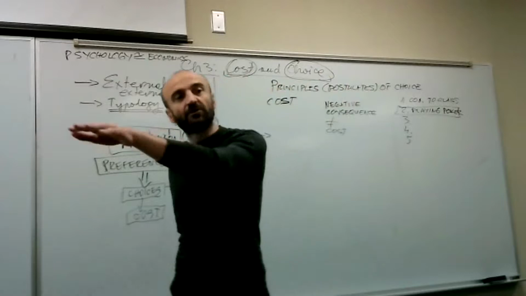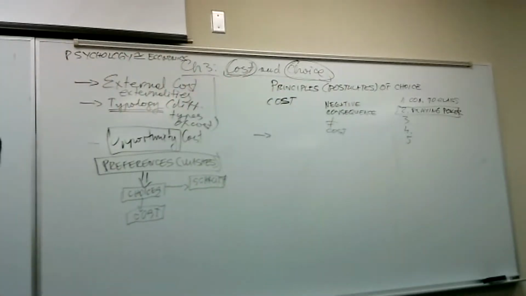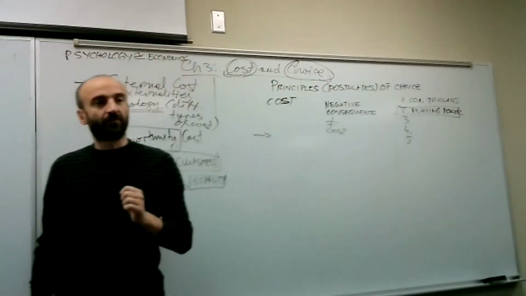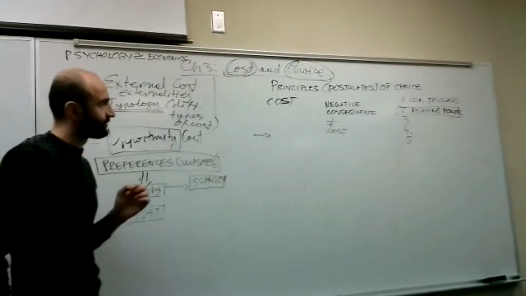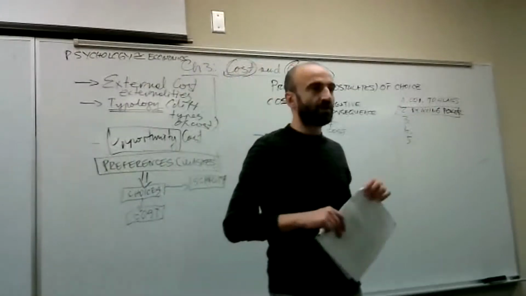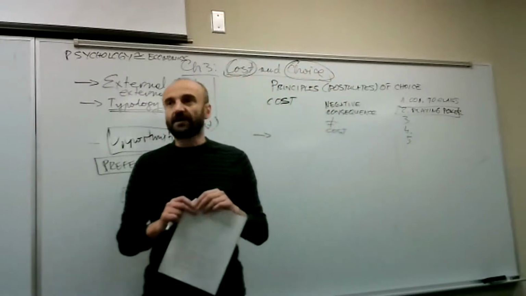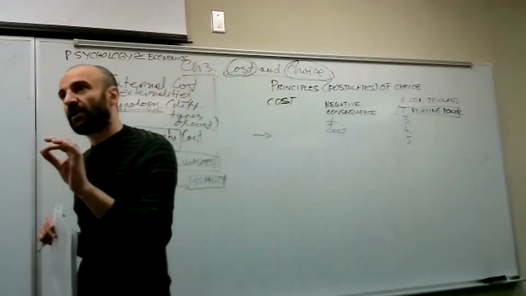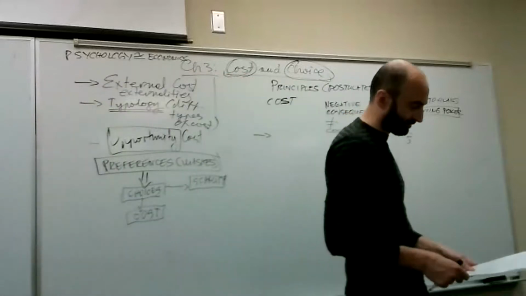The costs are at the moment of choice, when I decided that I'm not going to be buying whatever else I could have bought for $300 that I paid for a laptop. So these two concepts are the key: subjectivity, and the fact that cost is tied to choice, to the moment of choice, to the moment in time.